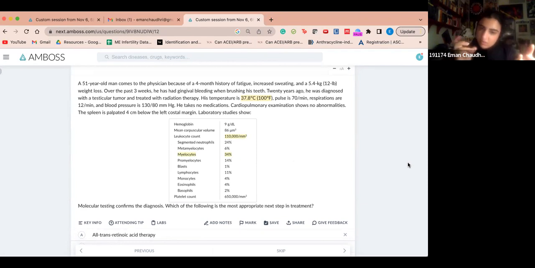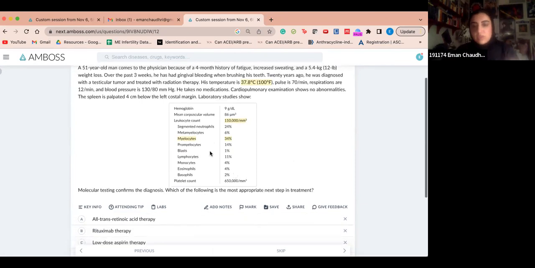Typically acute, right? Maybe. Let's read the rest of the question. Promyelocytes 14%, blasts 1%, lymphocytes 11%, monocytes 4%, eosinophils 4%, basophils 2%. Platelet count is 650,000, so that's slightly high. Thrombocytosis.